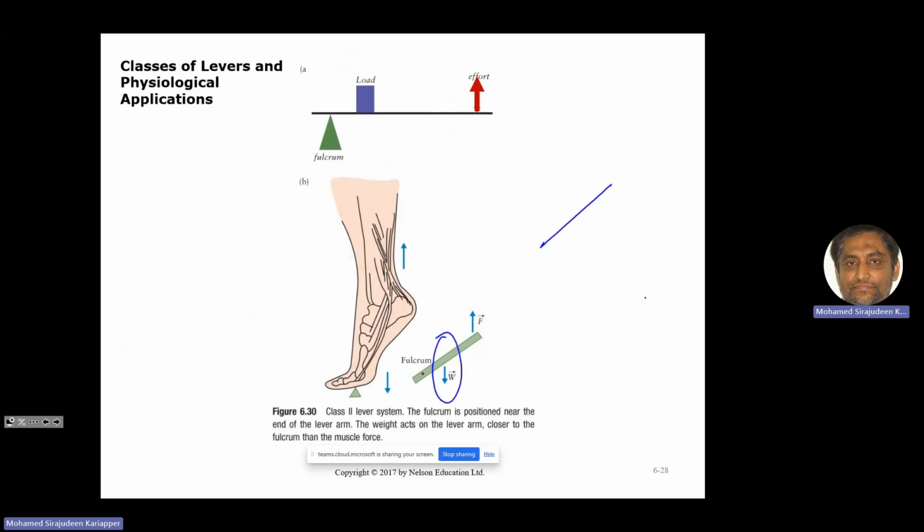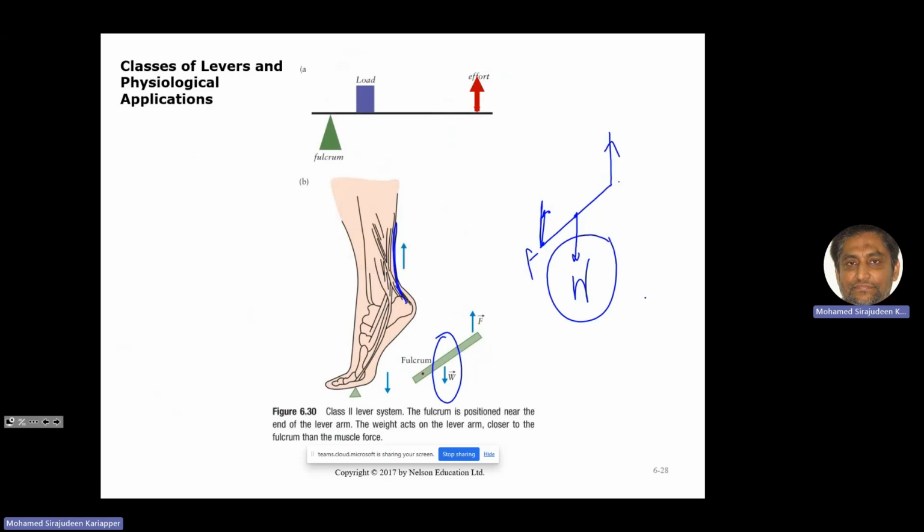So this is the foot. You have the fulcrum here, and in the middle is the weight, and the effort is the tendon, called the Achilles tendon. The Achilles tendon is the effort, the support is at one end, the effort is at the other end, and the weight, or the load, is in the middle.